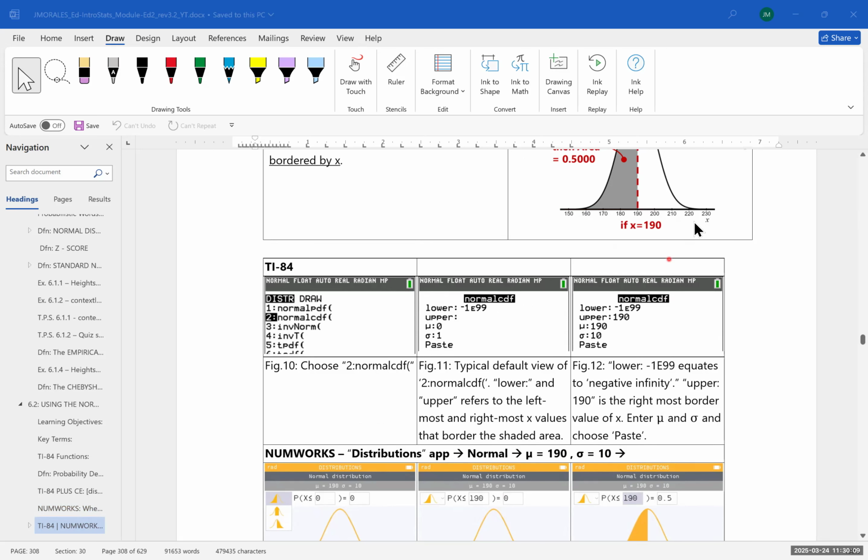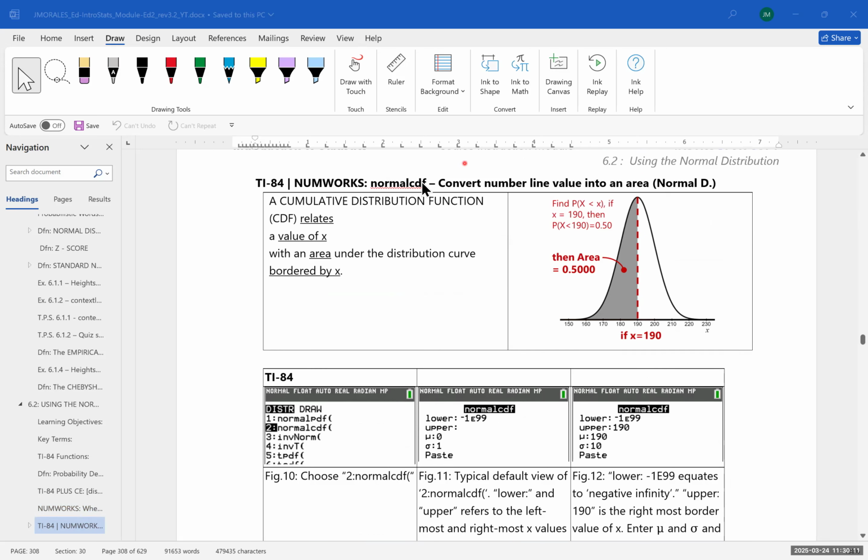So what a CDF function does is we can put in a value of x, and it'll give us the area under the normal curve adjacent to that value of x.